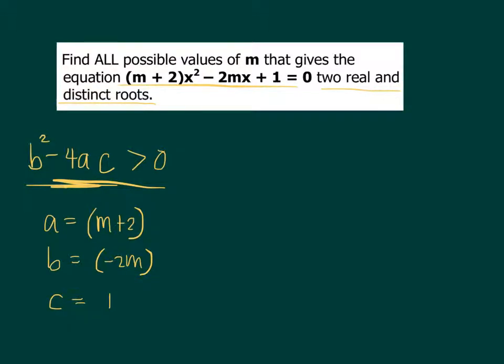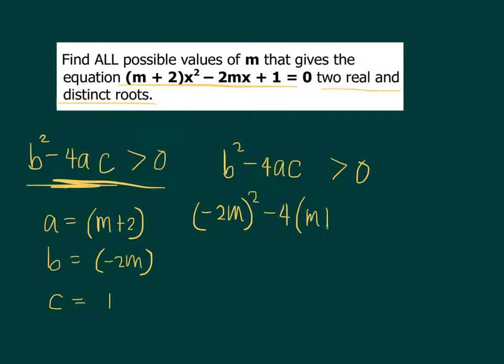From here, all we have to do is plug in the corresponding values. So b squared minus 4ac should be greater than 0. b squared is (negative 2m) squared, minus 4 times a, our a is m plus 2, then times c, which is 1, greater than 0.